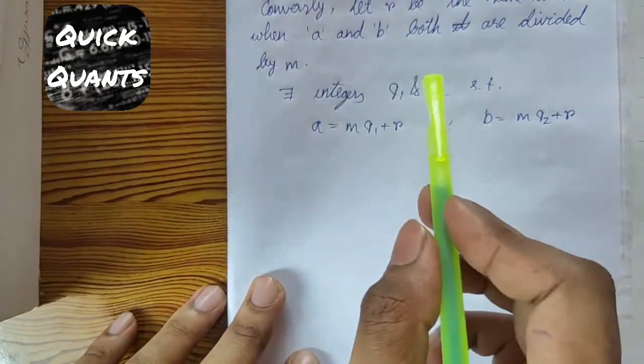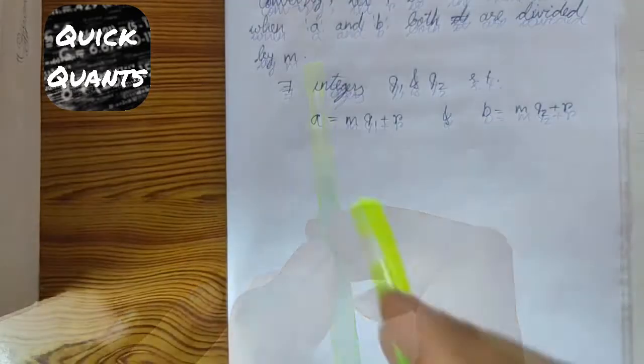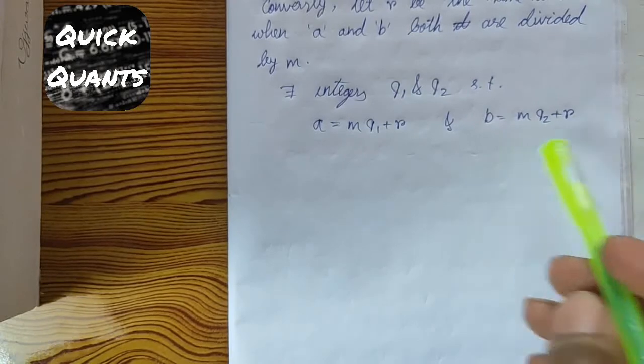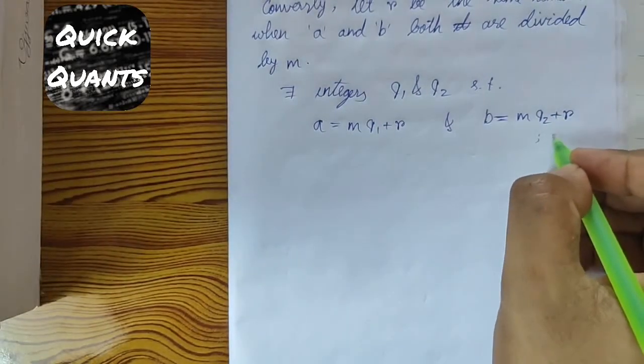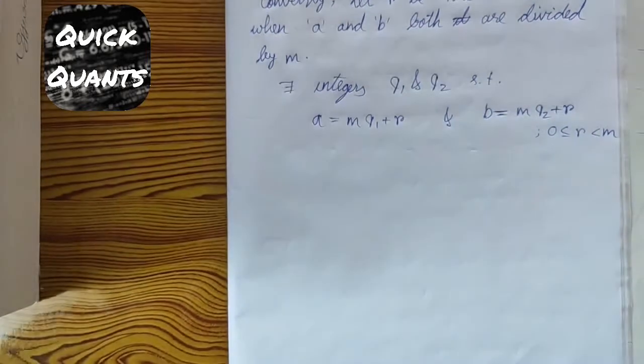Because we are dividing A and B by M, and we can write this because of the division algorithm. Also 0 less than or equal to r less than m.